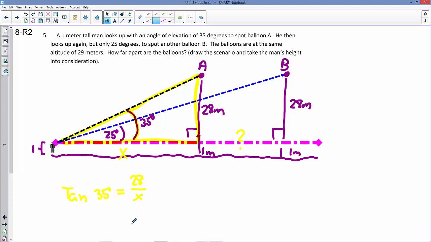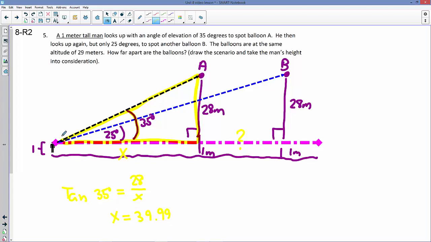Multiply both sides by x, then divide both sides by tangent of 35, so I get 28 divided by tangent of 35. And x is approximately 39.988, so it's 39.99 for x.